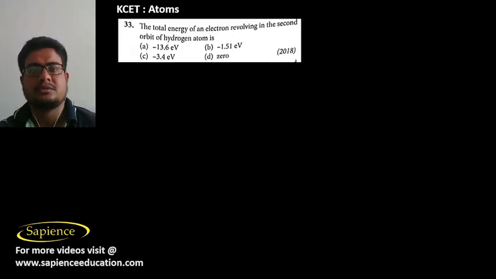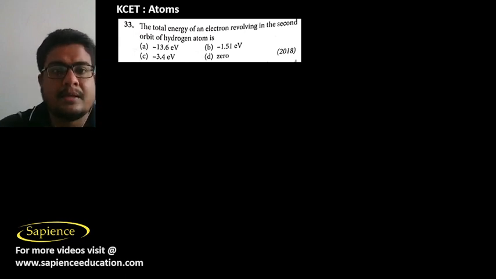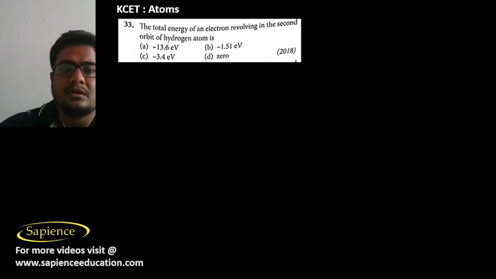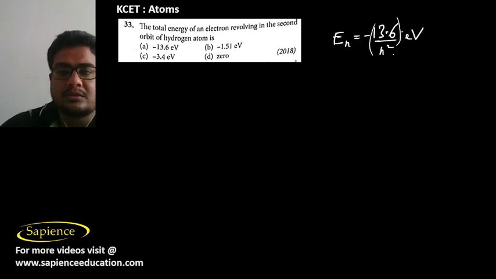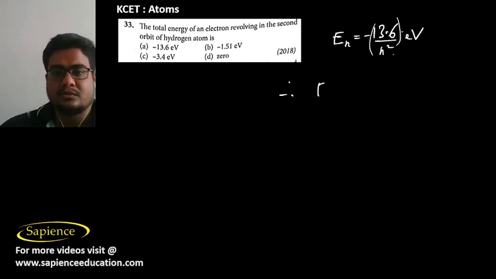In question number 33, it is told the total energy of an electron revolving in the second orbit of hydrogen atom. The total energy of an electron which revolves in the nth orbit of a hydrogen atom is given as minus 13.6 by n square electron volt, where n is the orbit number. So revolving in the second orbit, we need to find E2.